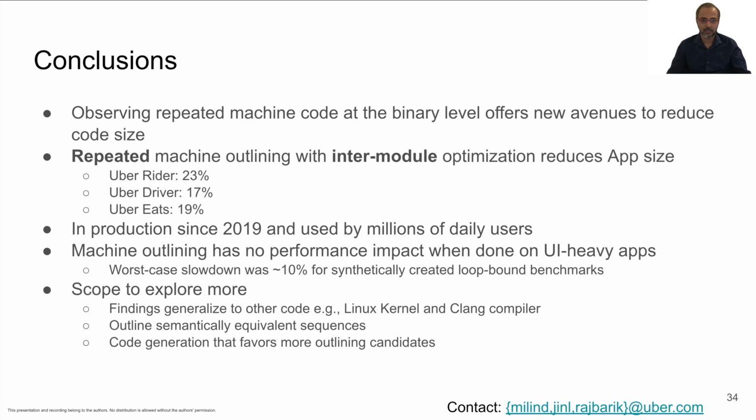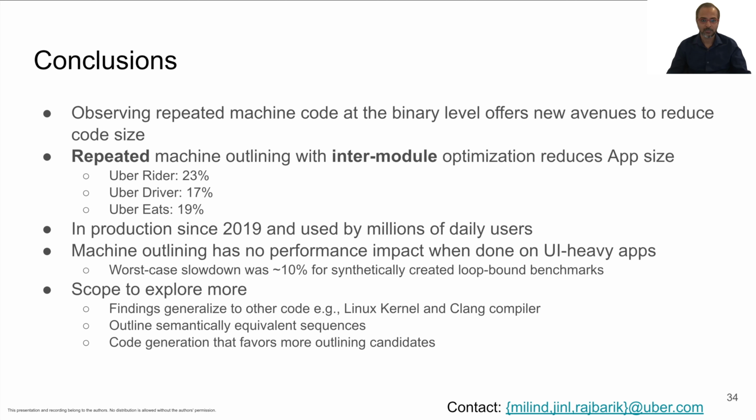We also applied it to Uber driver and Eats and reduced their sizes by 17 and 19% respectively. Our optimizations are in production since 2019 and being used by millions of daily users. Machine outlining has no performance impact when done on UI-heavy applications. The worst case slowdown was only 10% for a synthetically created loop-bound benchmark.